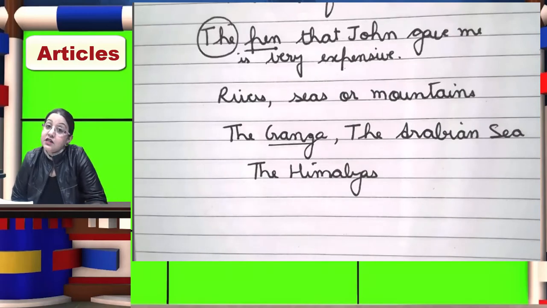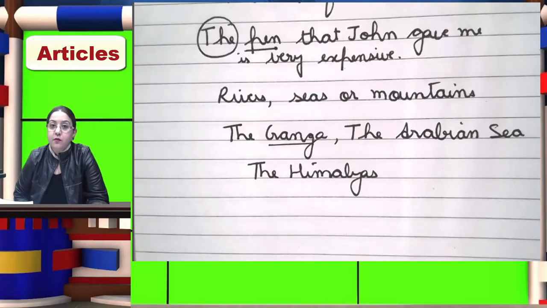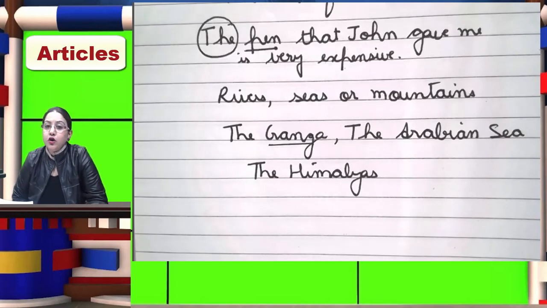I did not write the John gave me a pen. I did not write a John gave me a pen. I did not write an John gave me a pen, because whenever we are talking about a proper noun, the name of a person, we are not using any of the articles.